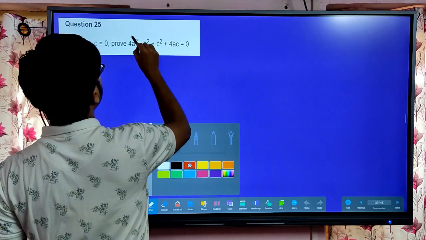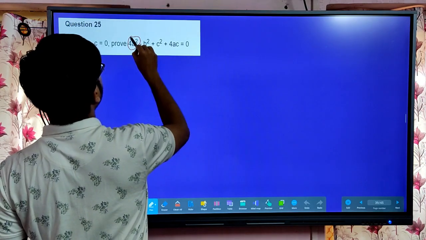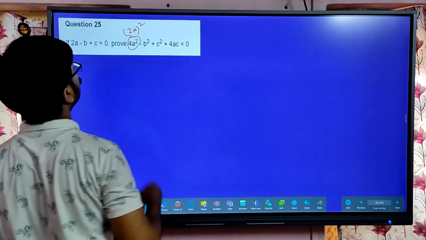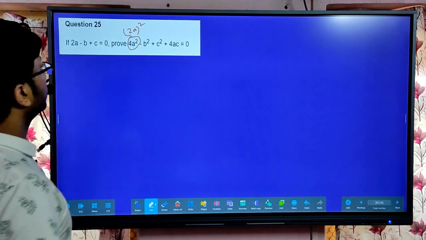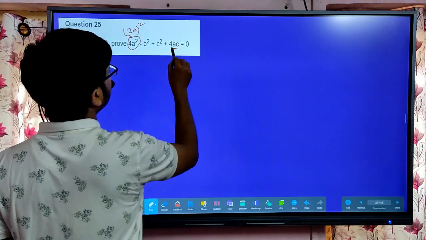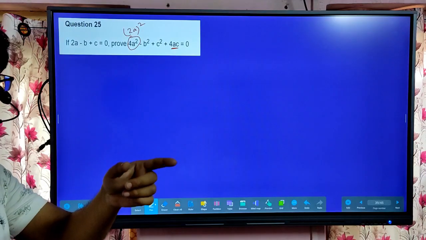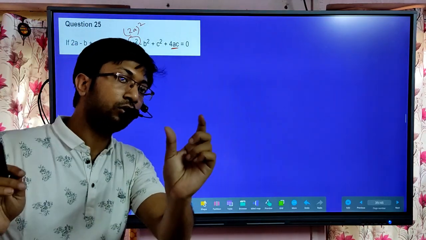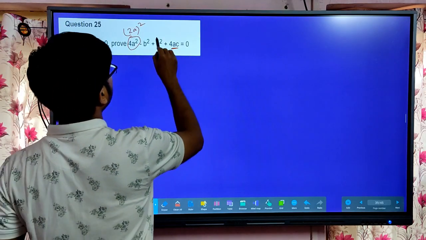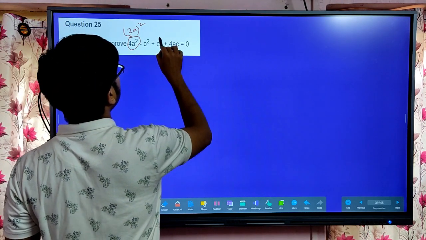Now if I consider this 4a square, I can make it 2a square like this. So a square, now there is 4ac, so the whole square is 2ab term. In any whole square there is a term called 2ab, so 4ac can be that if I consider c square as my b.